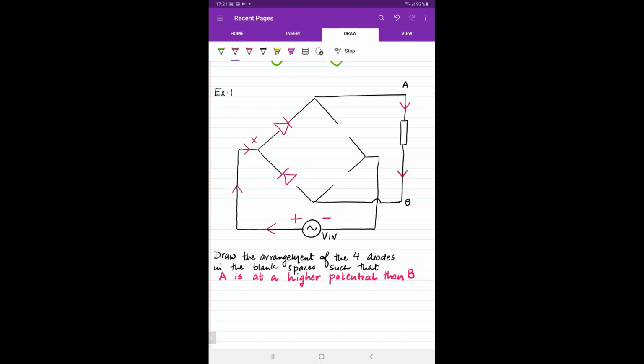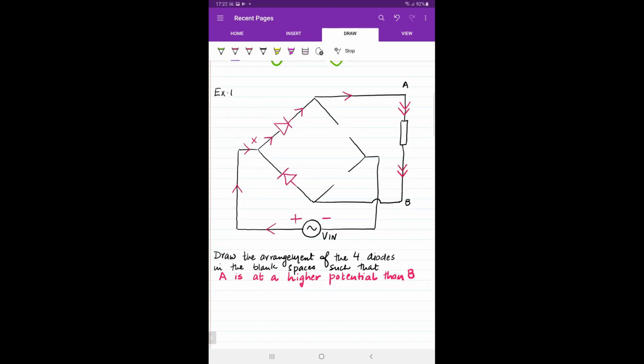So in case if you're wondering why, then the simple reason is so that the current can go through the top branch. Because if the current goes through the top branch, then surely you can expect the current to follow the direction A to B as was specified in the question.